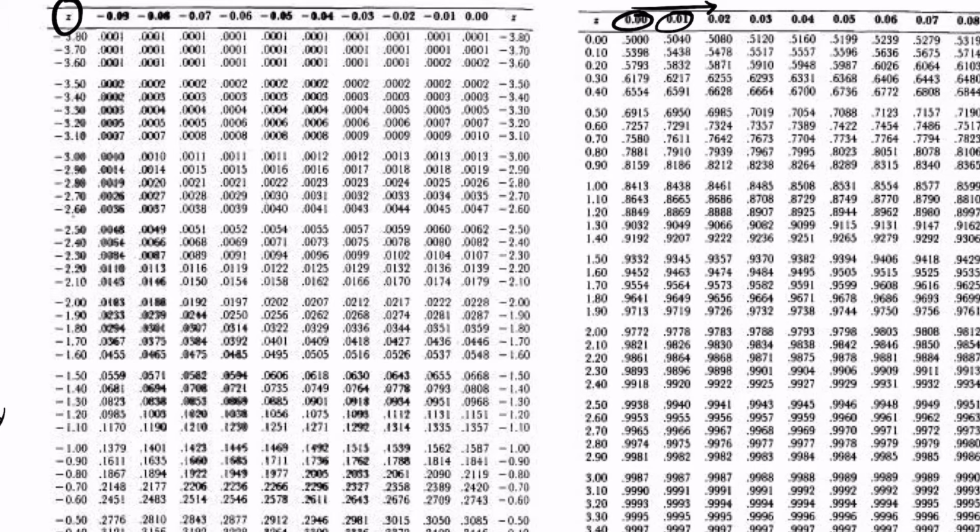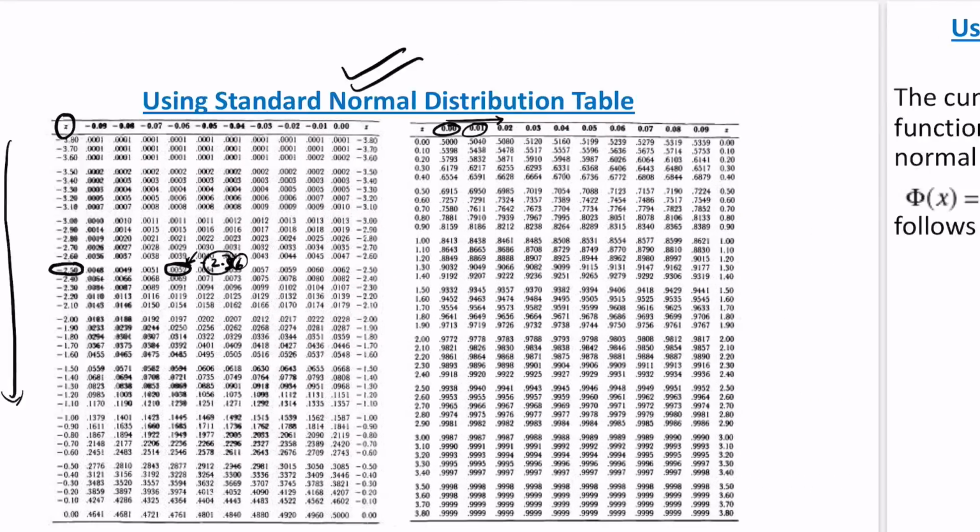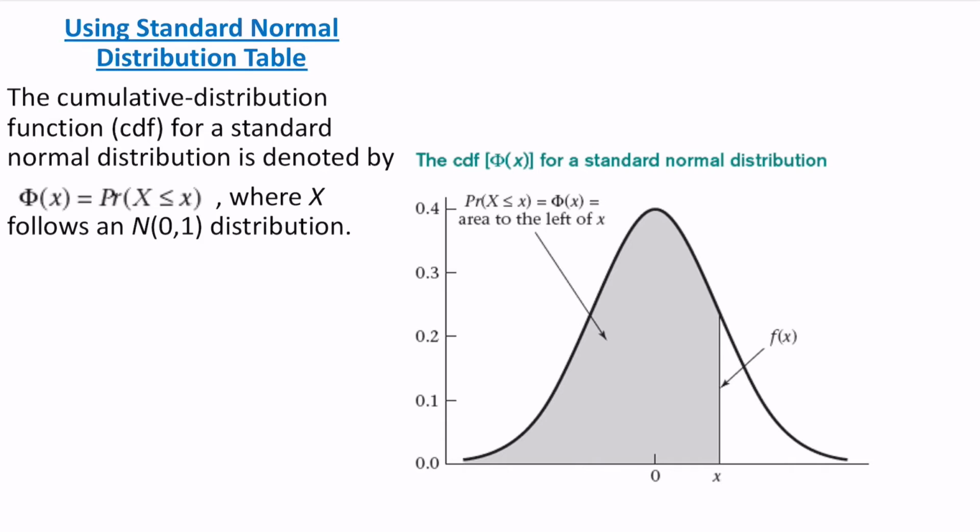For example, if I want to find minus 2.56, I'm going to take minus 2.5. In that, I'm going to find 0.06, and that value is my answer. So this is the value for minus 2.56. You're basically finding until the first decimal, and the second decimal is the next column. So always take the values until two decimals so that it becomes easier to find the value.